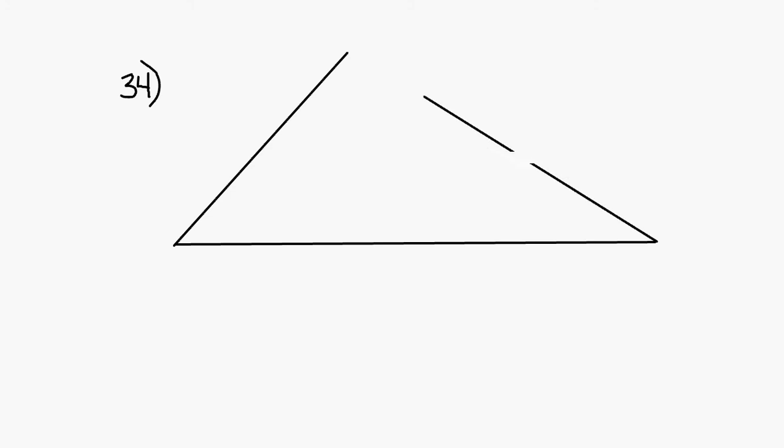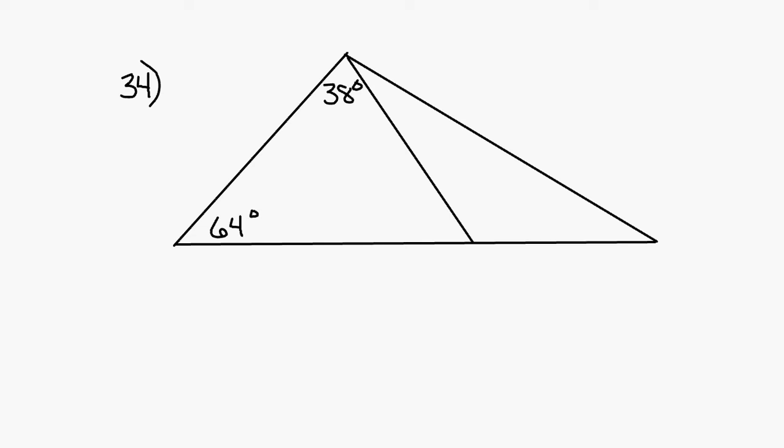Number 34. In the triangle on the left, you've got a 38 and a 64 degrees, and you've got x, z, and y.